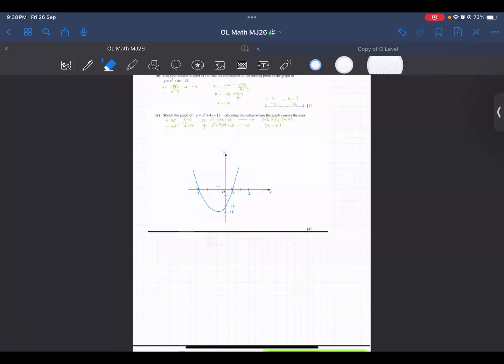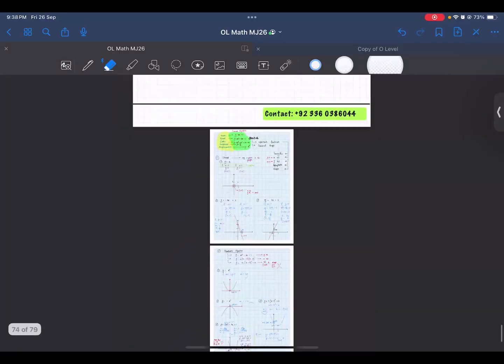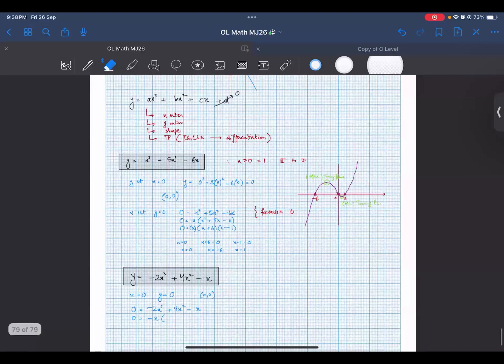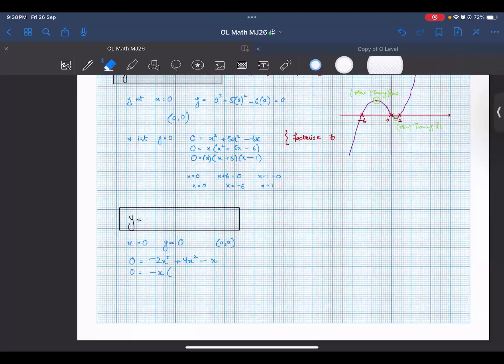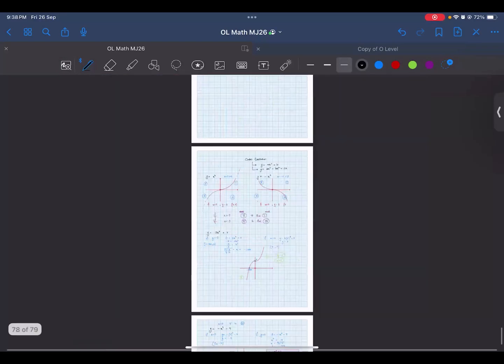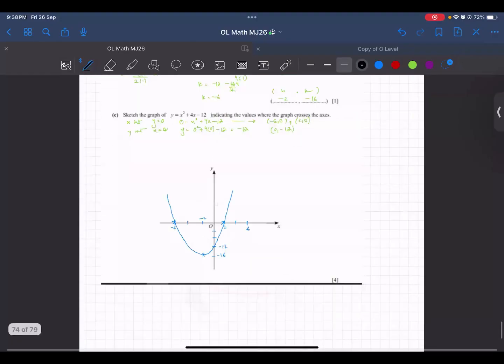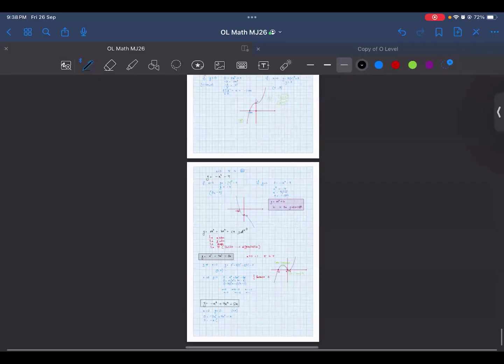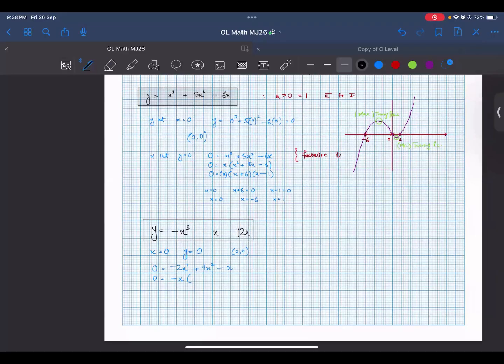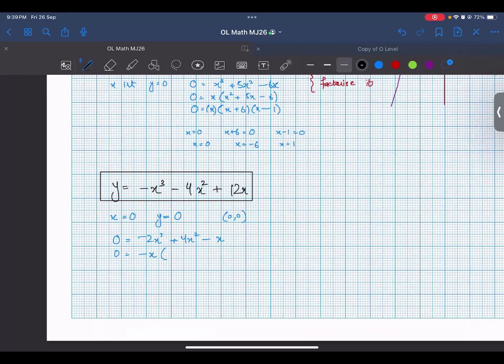Minus x cube minus 4x square plus 12x. Let me confirm it. Okay.